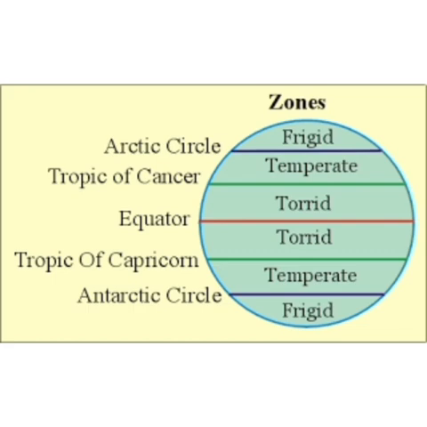Here the temperature is moderate. And frigid zone is the area beyond the Arctic Circle and the Antarctic Circle. These areas are very cold as they receive very less rays of the sun.